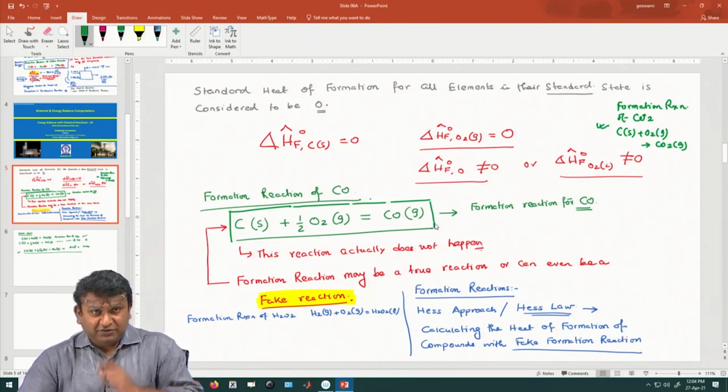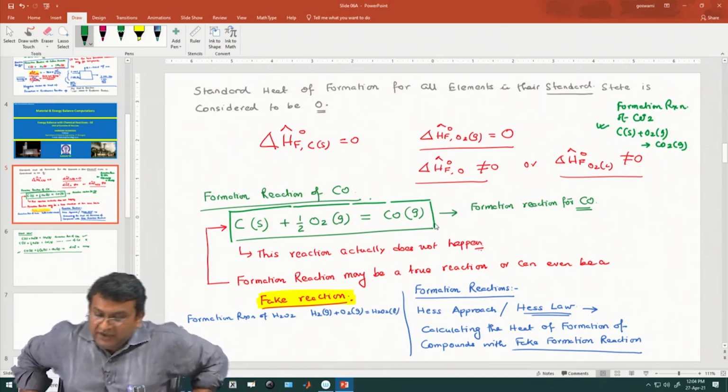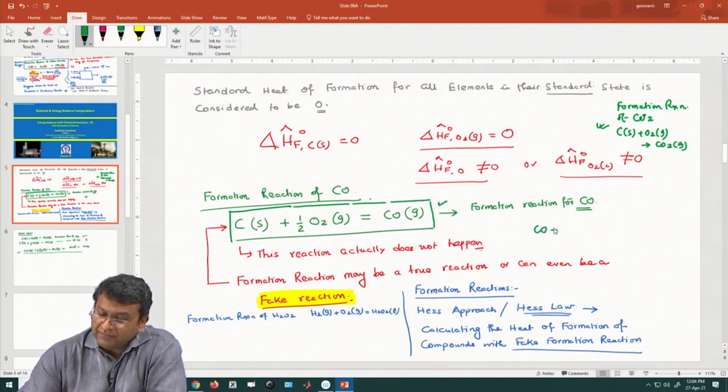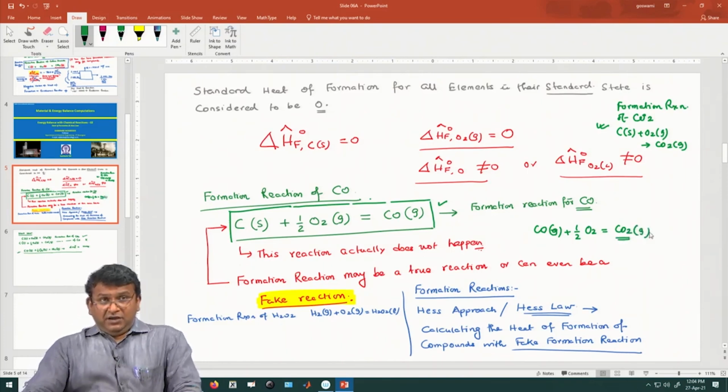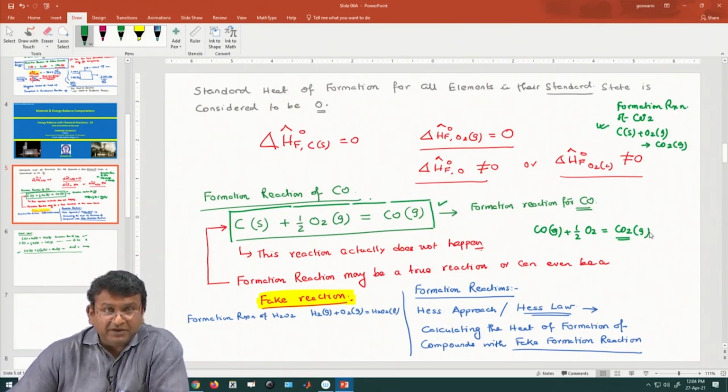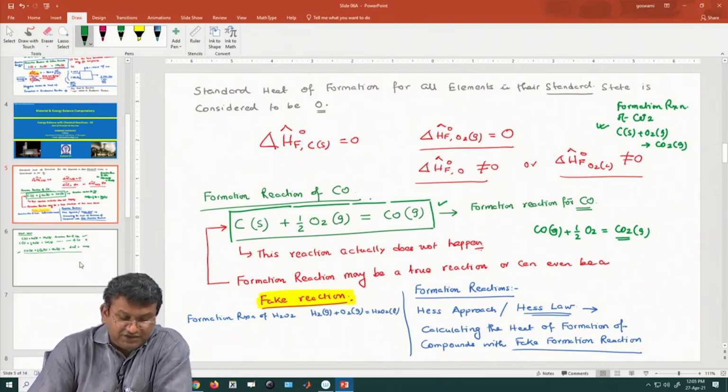This is the question we were looking into, and then we realized that though this reaction is fake, oxidation of carbon monoxide into carbon dioxide is highly possible. This is a reaction which is possible, and the moment a reaction is possible, using some instrument, maybe a calorimeter, you can measure the thermal effects or the change of energy associated with a particular reaction.